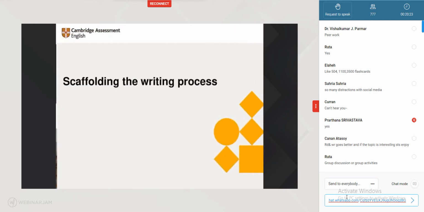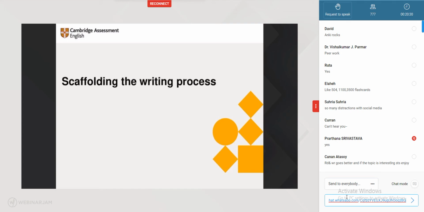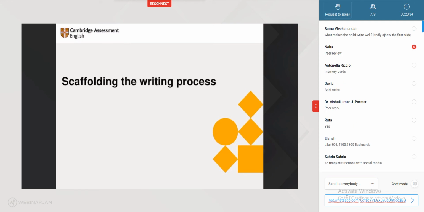So scaffolding. We've looked at scaffolding at much lower levels, very much breaking the writing process down into chunks and building up to a piece of writing. I think the same can be said for C1, although it's always going to be a more complex piece of writing.